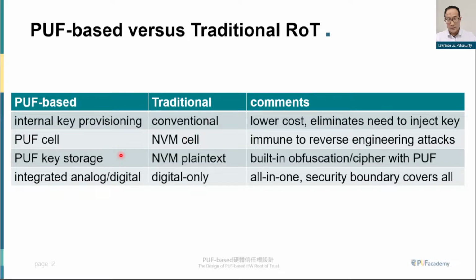Then we have secure storage methods versus basically no methods for secure storage. And then we have analog-digital integration versus digital-only solutions. Our remaining slides in this section will talk about each of these points in detail.